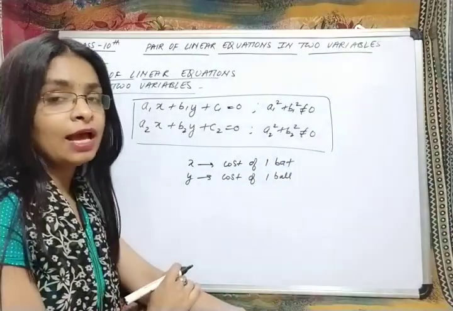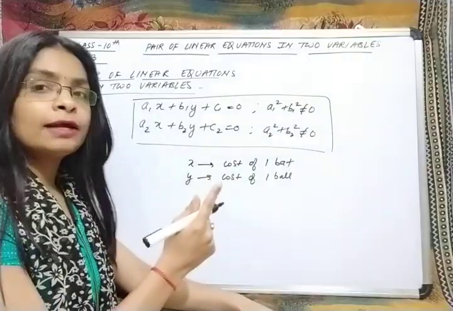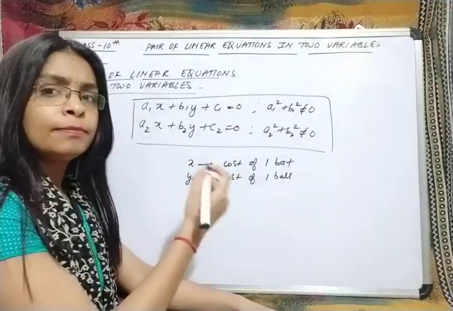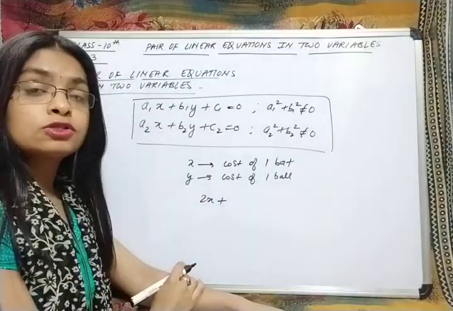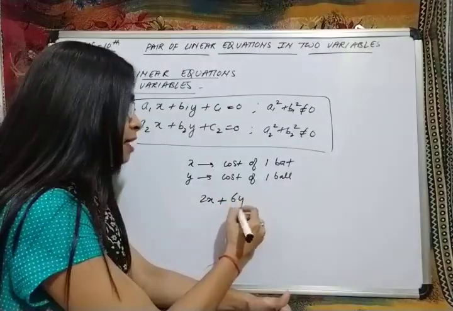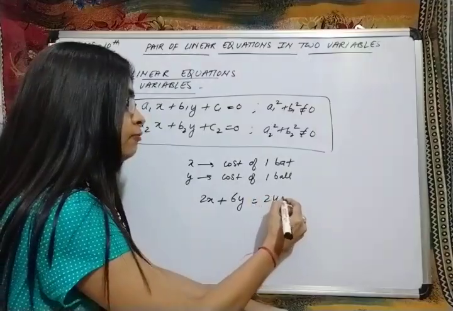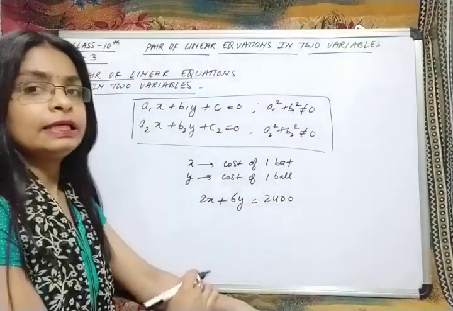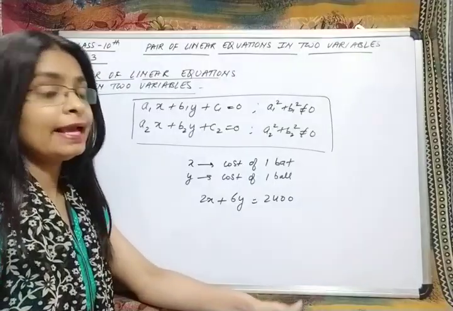Now first I have taken 2 bats and 6 balls. So if 1 bat costs x, then the cost of 2 bats is 2x. And what is the cost of 6 balls? That will be 6y. And the total rupees I have paid is 2400. Similarly, I have bought 1 bat and 3 balls the next time.